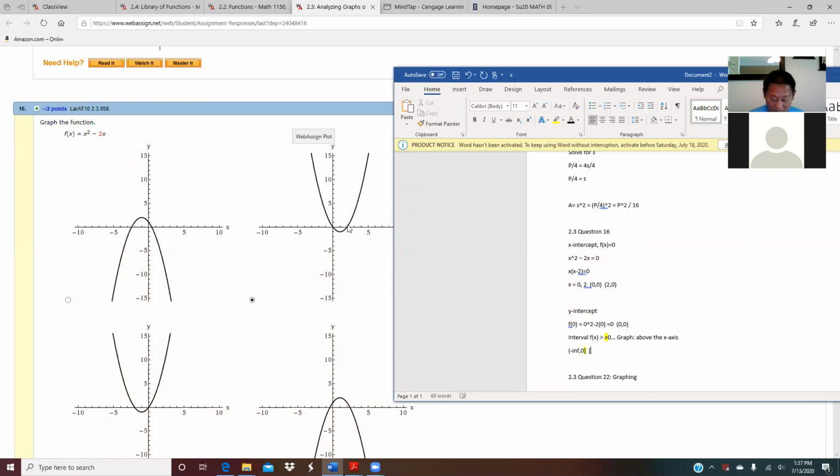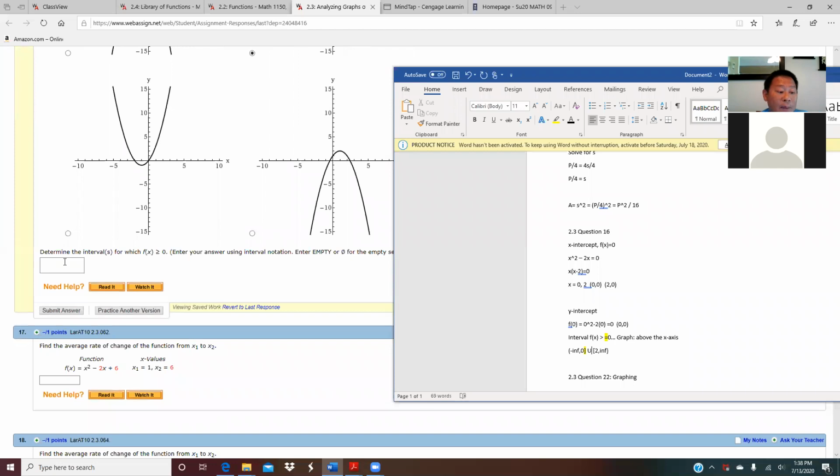Again, we have to use a bracket here because of the equal to. And then you have to put a union symbol in this case, a U. So this U is telling us that you have 2 pieces. If you have multiple domains, you will have to keep on putting U. But since we only got 2 pieces that are above the x-axis, you only have 1 U.